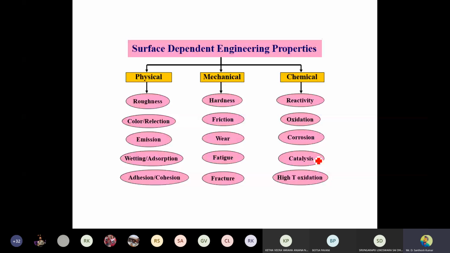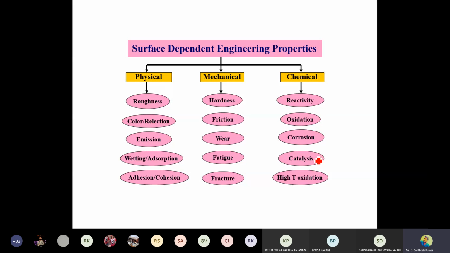All these properties, whatever I have shown on the screen, are only surface dependent properties, not bulk material properties. In the case of physical properties, we have roughness, color or reflection, emission, wetting or absorption, and adhesion. All of these are only surface dependent physical properties.